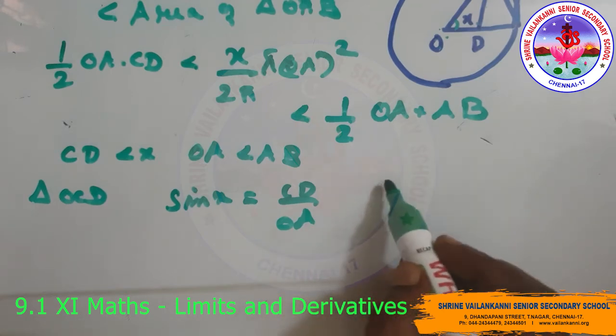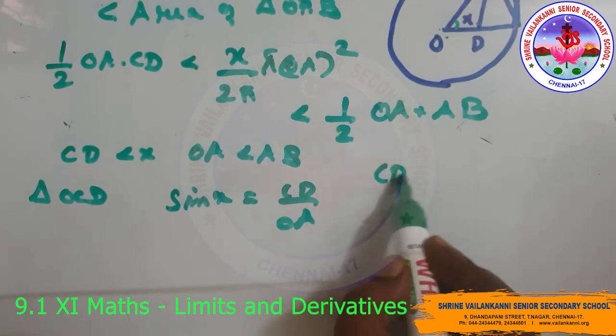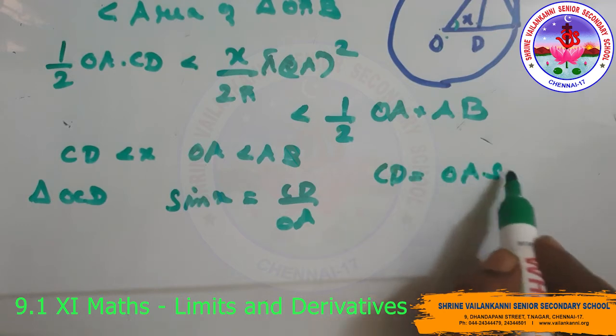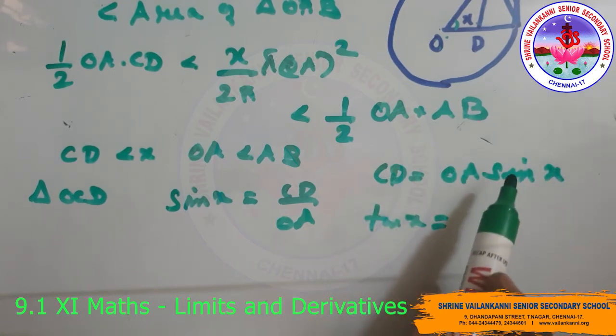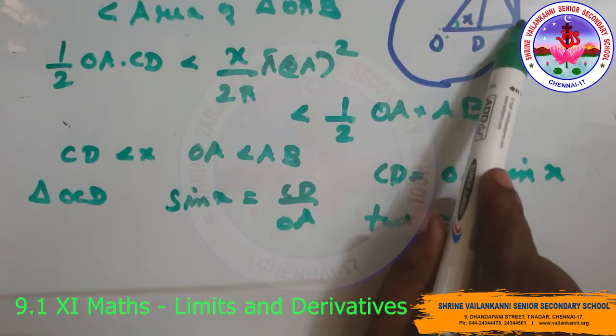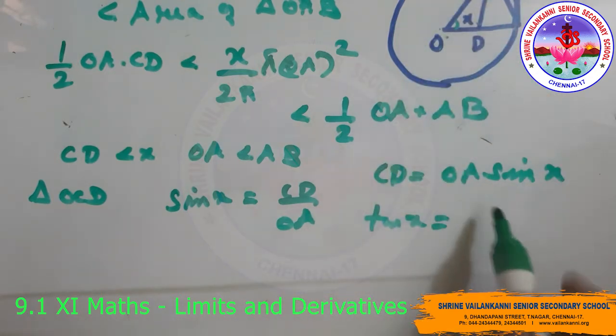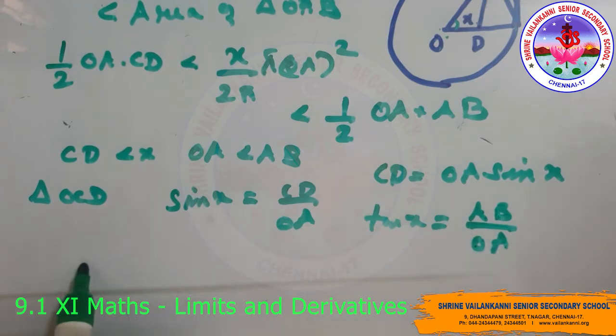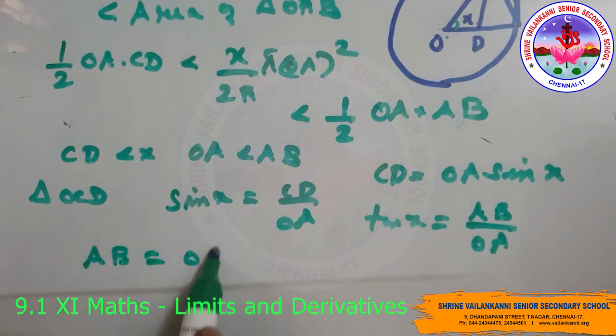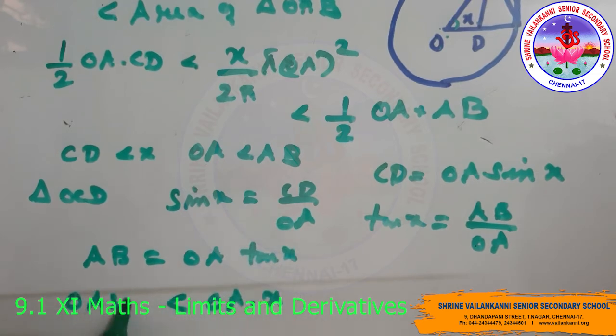Hence, CD equal to OA into sin x, and tan x equal to opposite by adjacent, that is AB by OA. Therefore, AB equal to OA into tan x. Thus, OA into x lies between OA into sin x and OA into tan x.